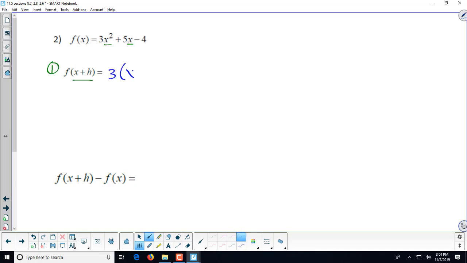So replace the x and simplify. Okay, you're not just adding h at the end, you're replacing x with x plus h. And then simplify, follow the order of operations. Order of operations says do what first?